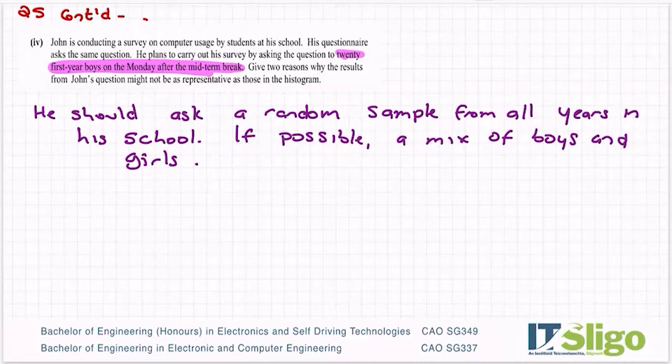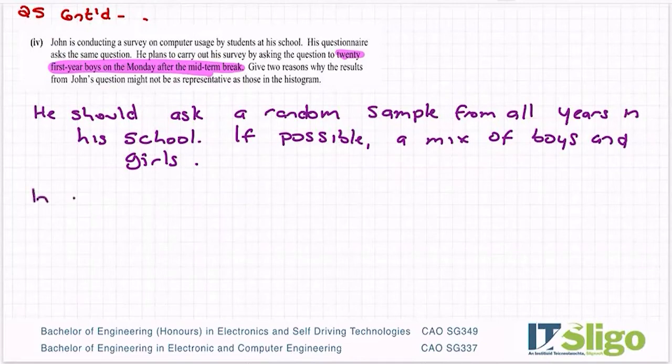Another reason why this data isn't representative, well, let's think about a break. Let's think about holidays. Do we spend more or less time on social media sites when we're on holidays? I would say yes, we spend more time. We have more free time during holidays.